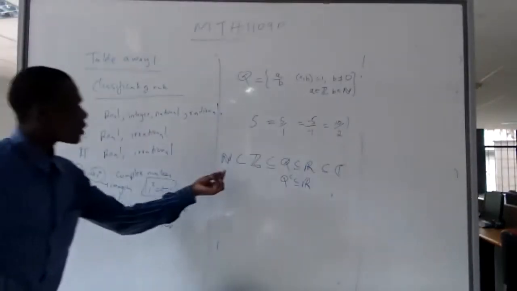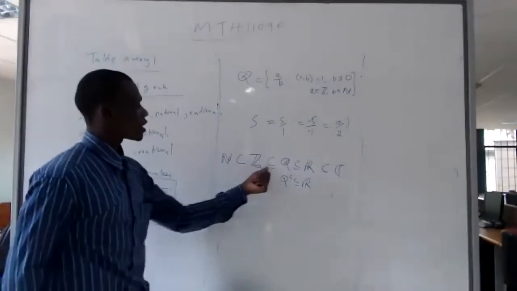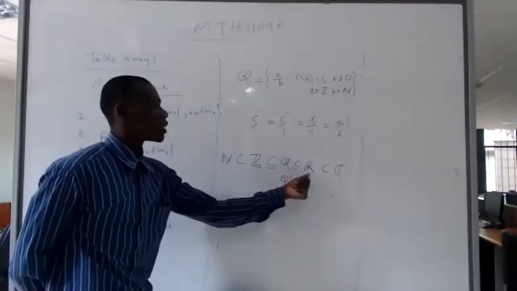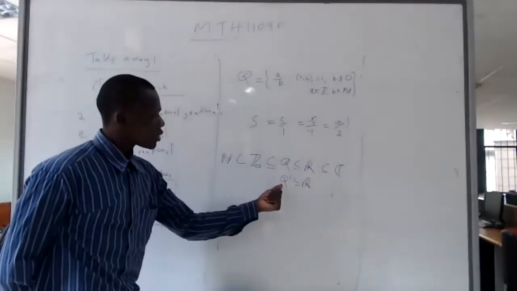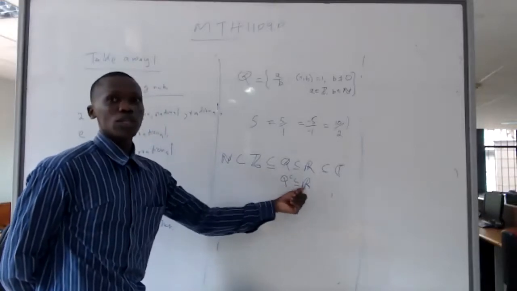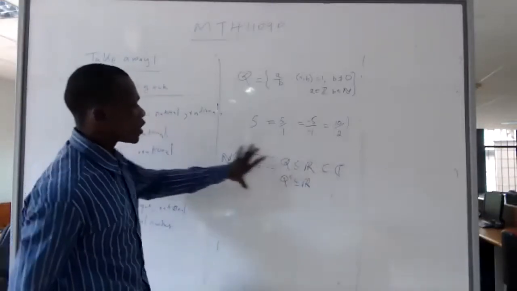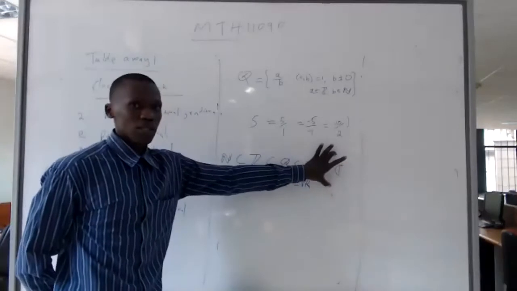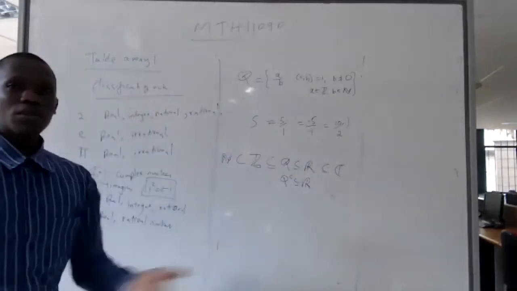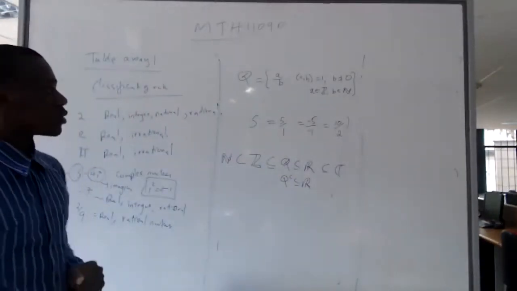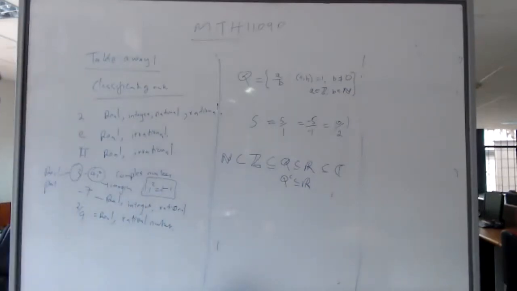So every natural number is an integer. Every integer is a rational number. Every rational number is a real number. Every irrational number is a real number. And as we shall see later, all these real numbers, we can express them as complex numbers because they're just complex numbers whose imaginary part is 0, but that is yet to come.